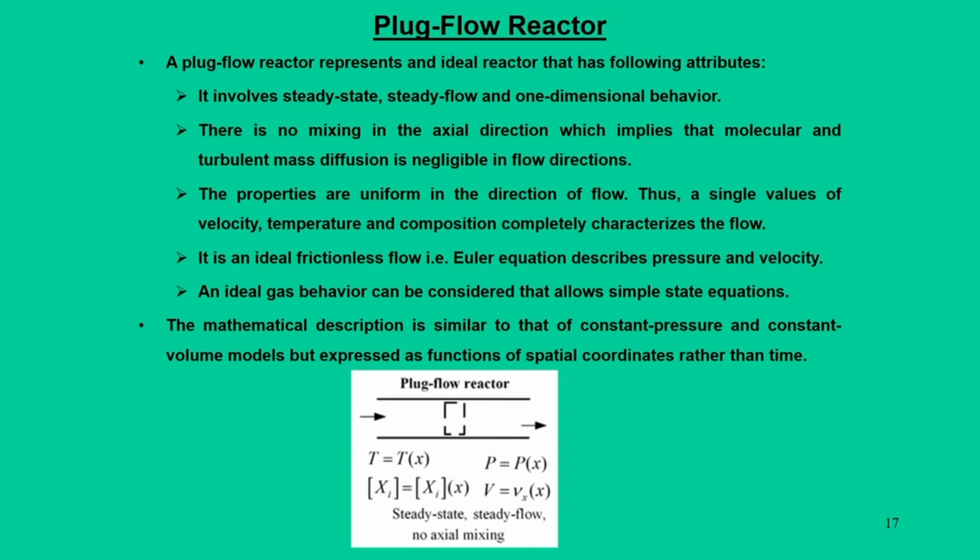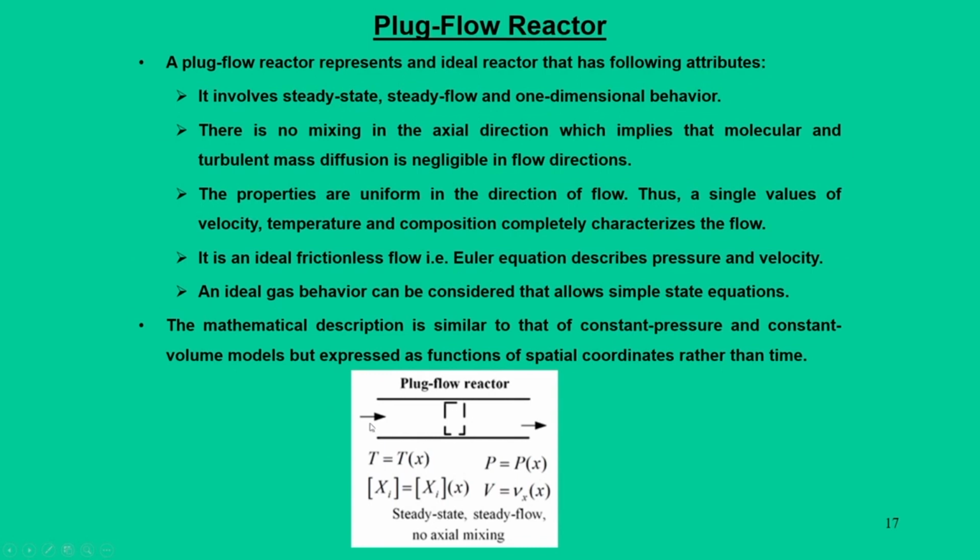Now the next reactor we are going to analyze is the plug flow reactor. The plug flow reactor is another kind of reactor in which the reaction proceeds as the flow is happening. The flow goes in one direction, that means the direction of flow is fixed.